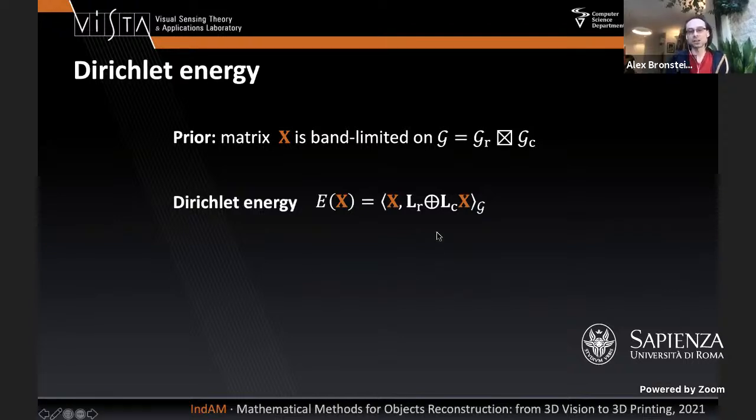And this Dirichlet energy can be written as this inner product between X and the Laplacian of G of X. And the inner product, of course, is with respect to the metric of the graph. And because of this separability property that we had before, it can just decouple into two Dirichlet energies on the row graph and on the column graph. So the sum of these two traces is what we are going to get.